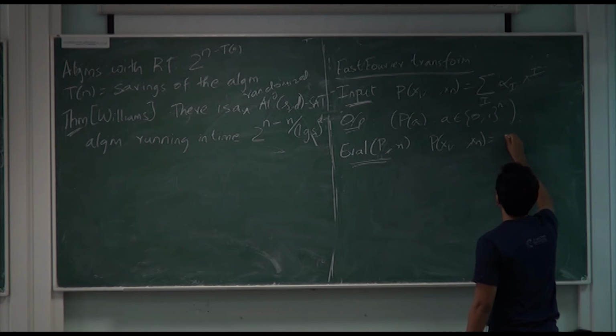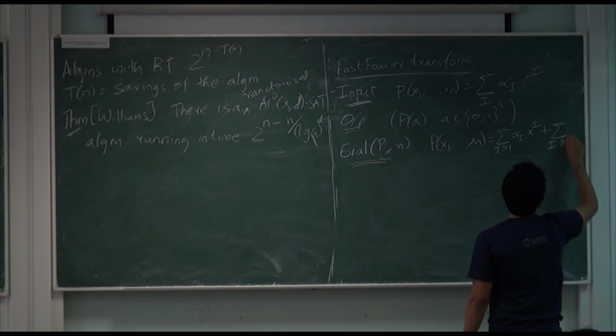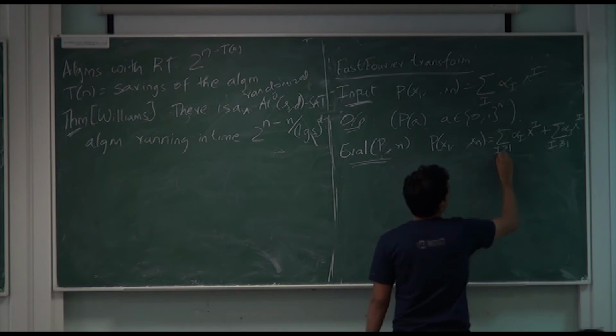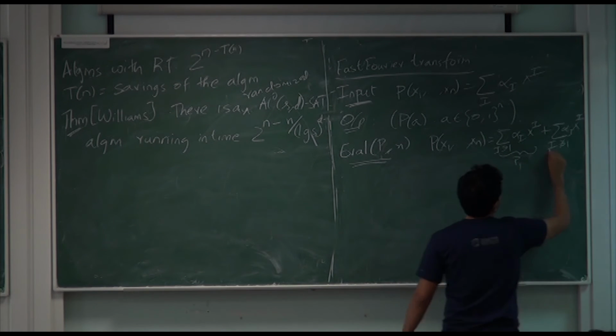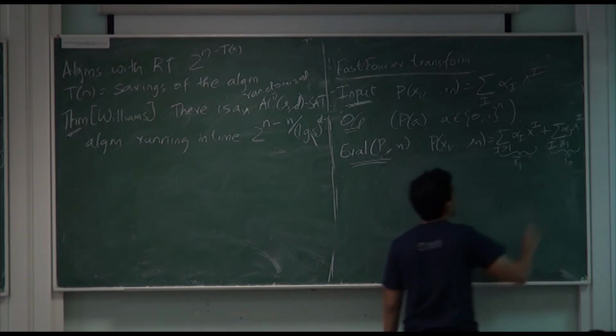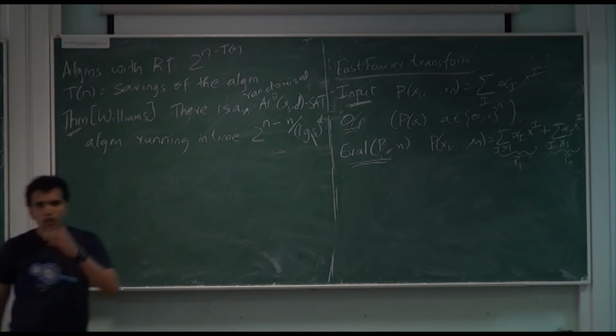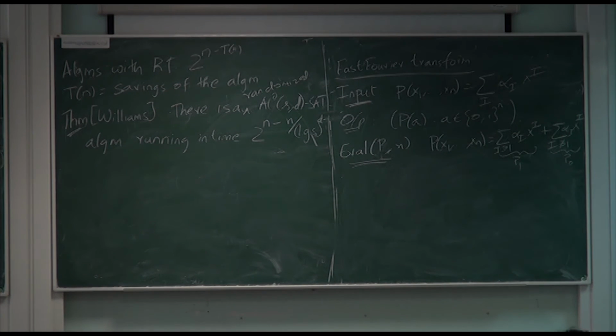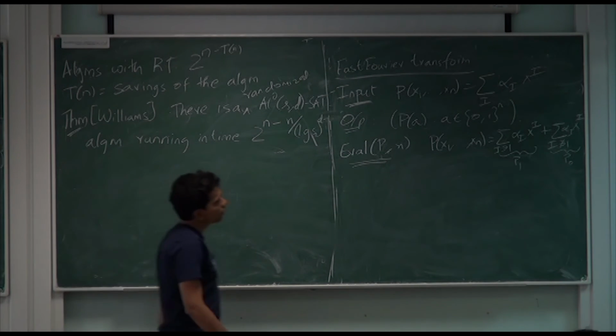I'm going to split its coefficients into two kinds: those that contain, say, the first variable, and those that don't. Let me call this part p1 and this part p0. So p1 is all those monomials that contain the first variable, and p0 is all those that don't contain the first variable.